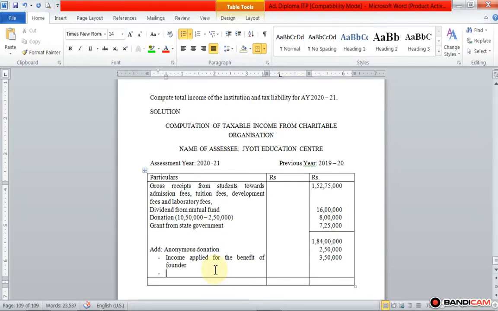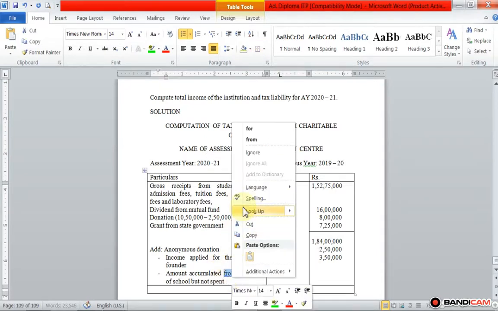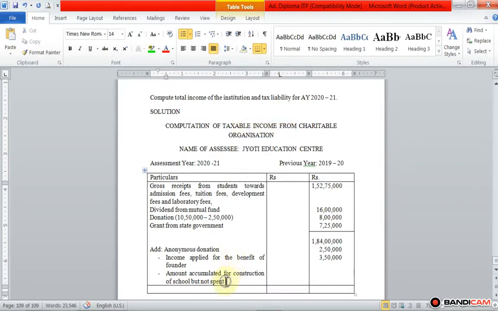So here amount accumulated for construction of school but not spent. The not spent amount is taxable, so it is deemed to be income.